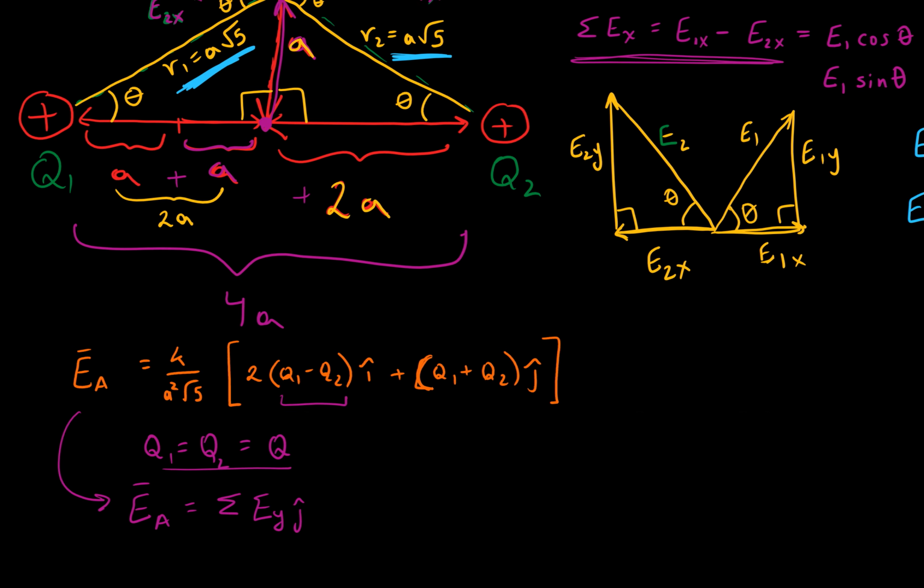How would this change our result? Likewise, suppose that the charges were unlike and unequal in charge. How would that change the result? That's a second exercise I encourage you to explore on your own.